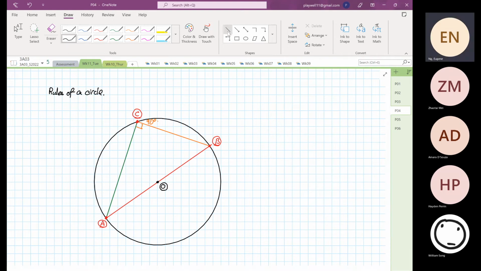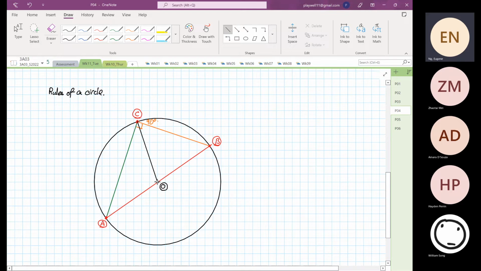Now if I take point C going to point O, and measure this angle over here, I would call it an alpha angle.